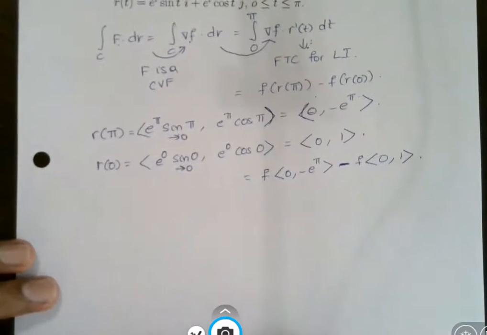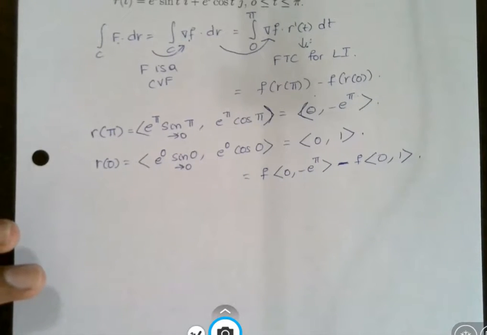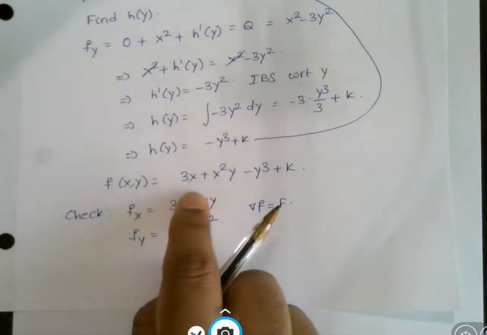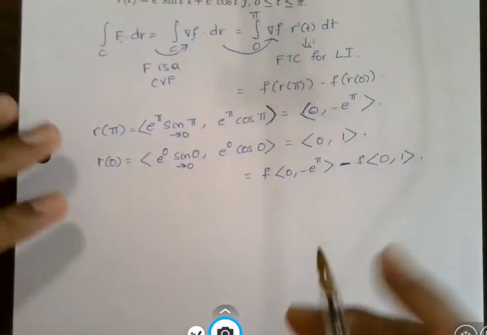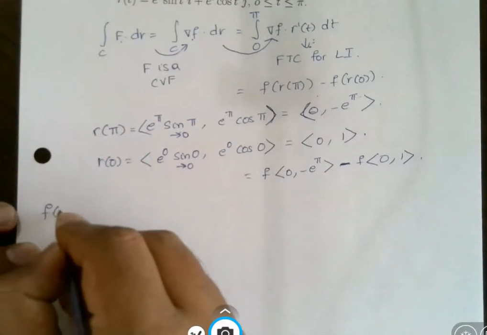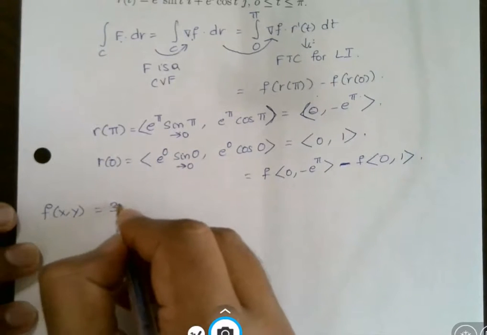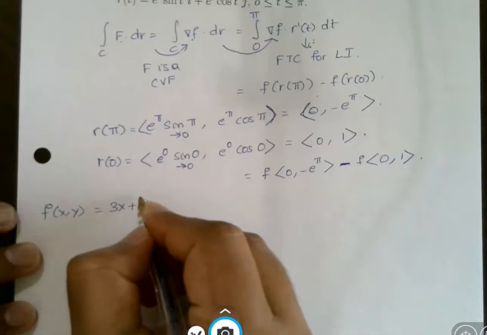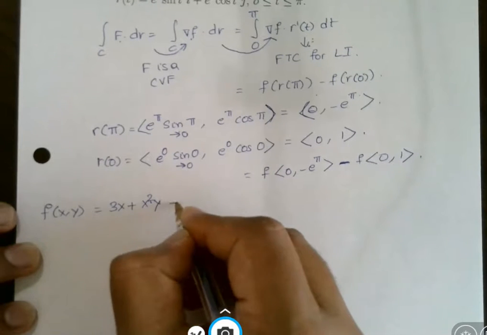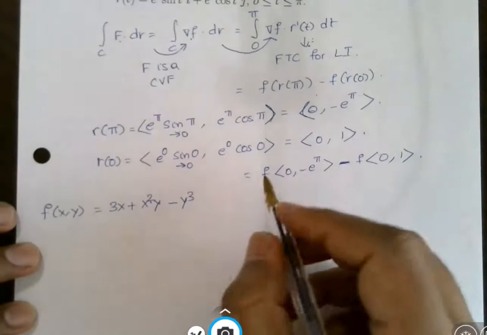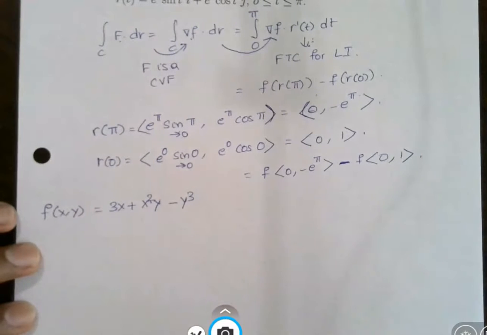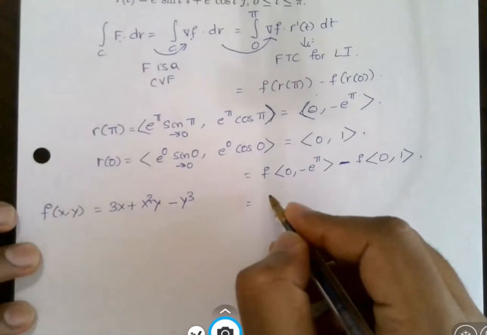Now what is the function f? We know the function f from the previous problem. We did all that and found it. Recall that f of x,y from the previous problem was 3x plus x y plus x squared y minus y cubed plus k, which doesn't matter. So what do you get?